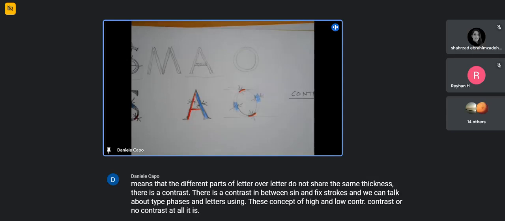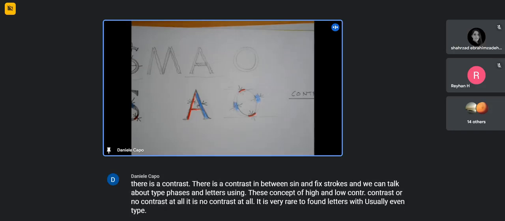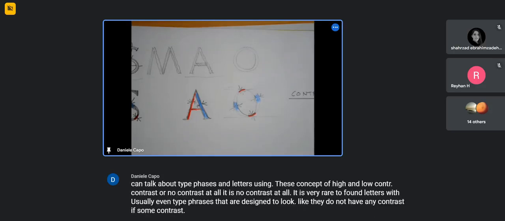It is very rare to find letters with no contrast at all. Usually even typefaces that are designed to look like they do not have any contrast have some contrast.